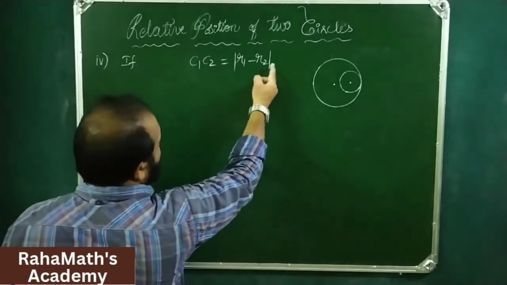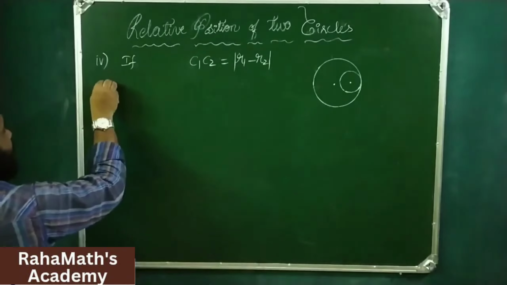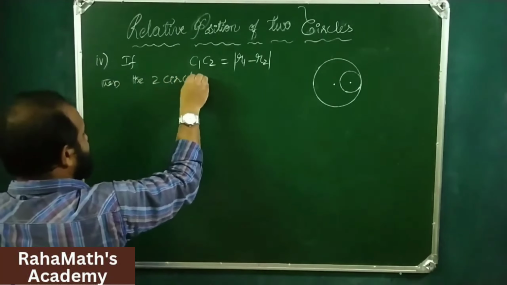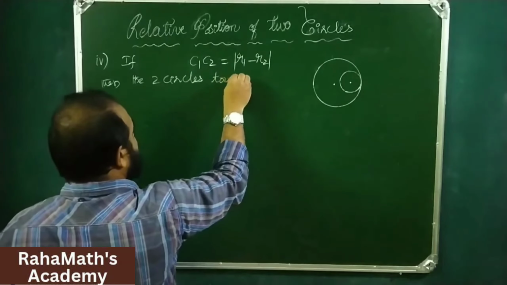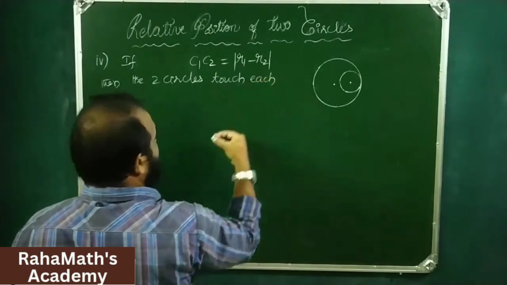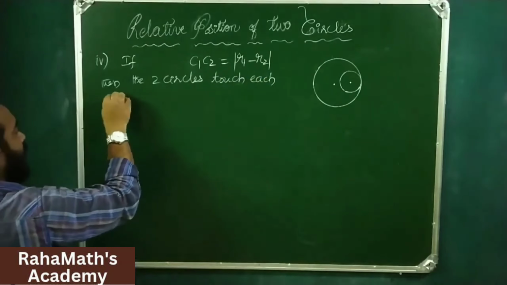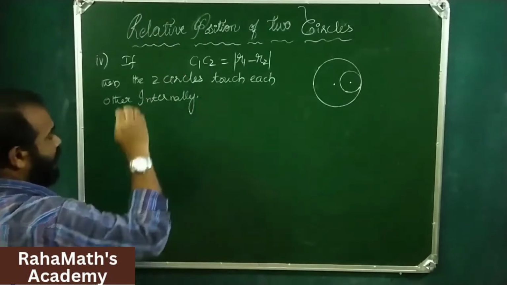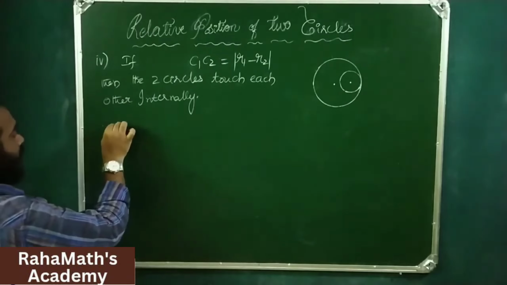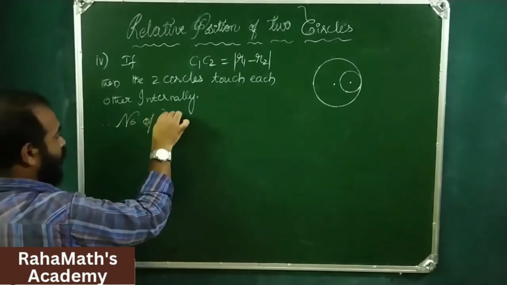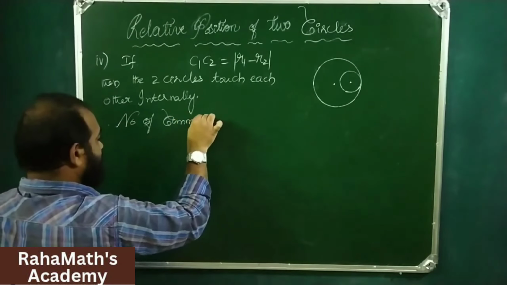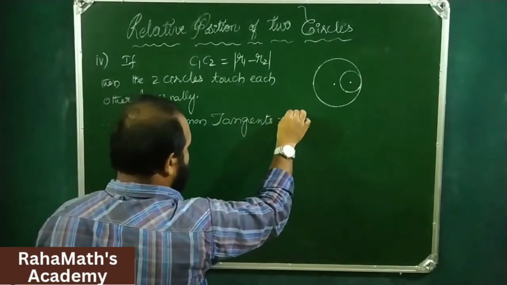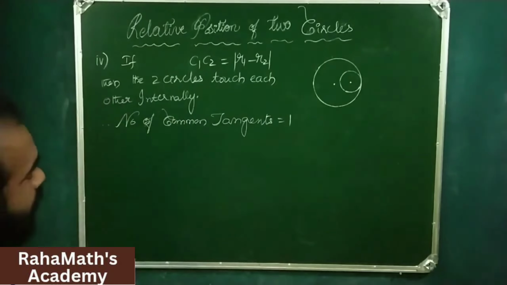If C1, C2 is equal to R1 minus R2, then the two circles touch each other internally. Therefore, the number of common tangents is equal to 1.